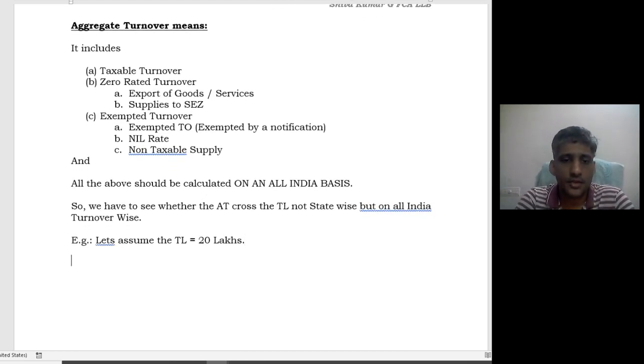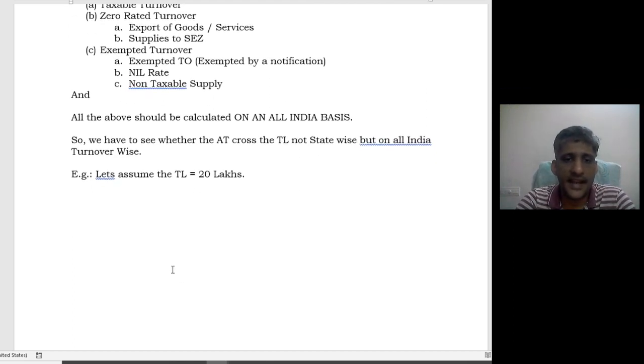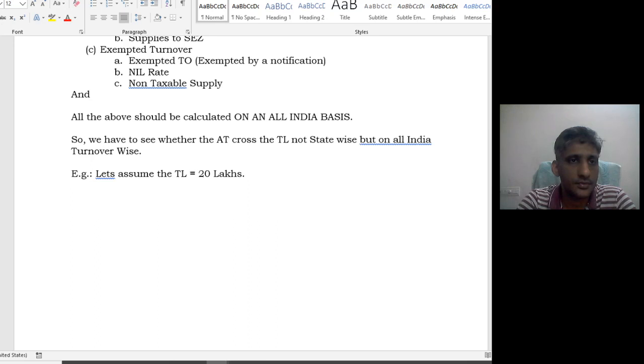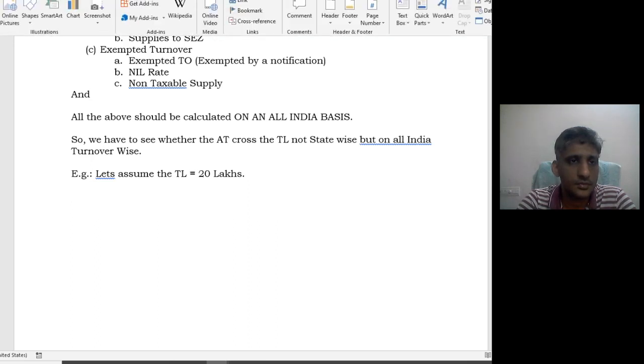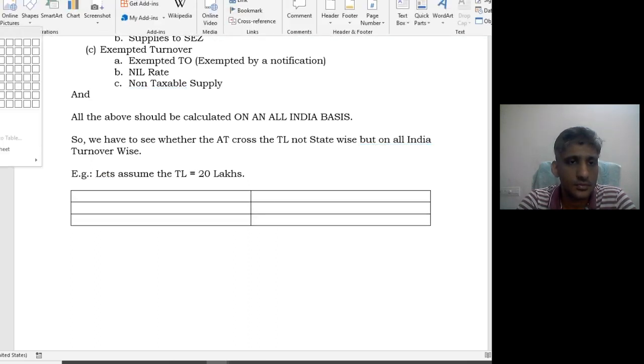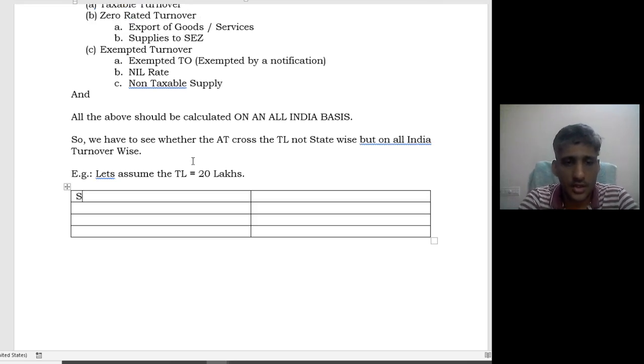If I am in 3 states, I'll insert a table: state and turnover in lakhs. Let's say I am there in Tamil Nadu, Kerala, and AP. I am there in 3 states.